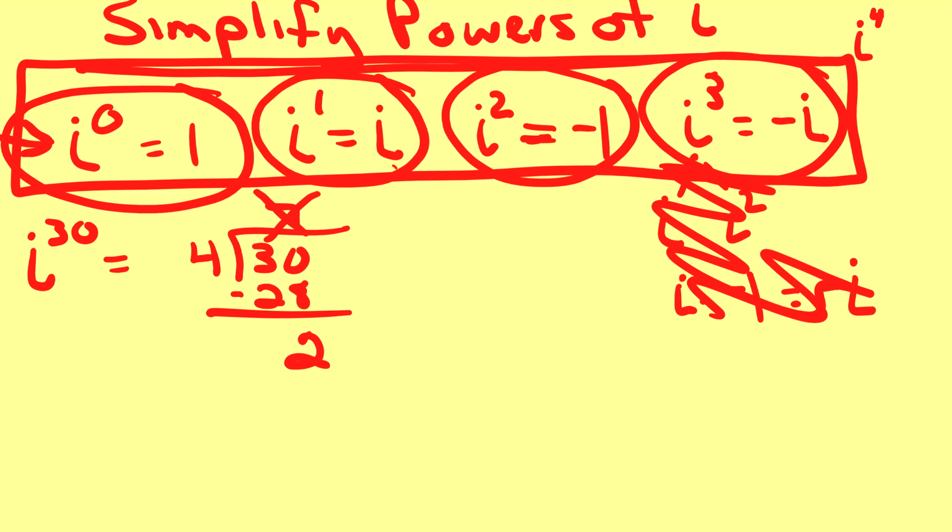I get my answer by putting the i and using the remainder as the exponent. So i to the 30th power equals i squared, which is negative 1. So i to the 30th power equals negative 1.